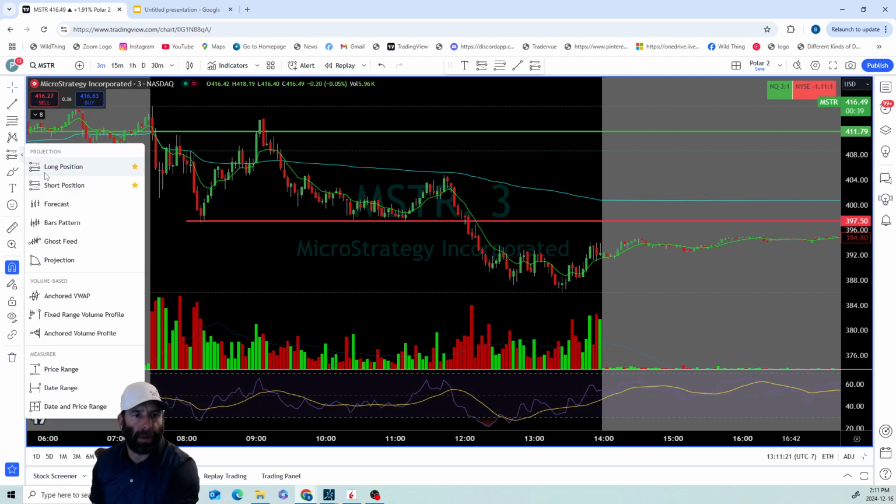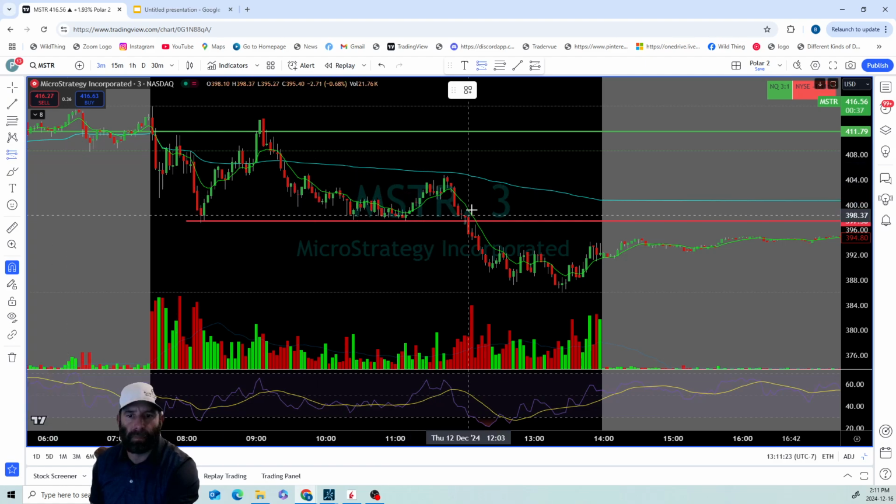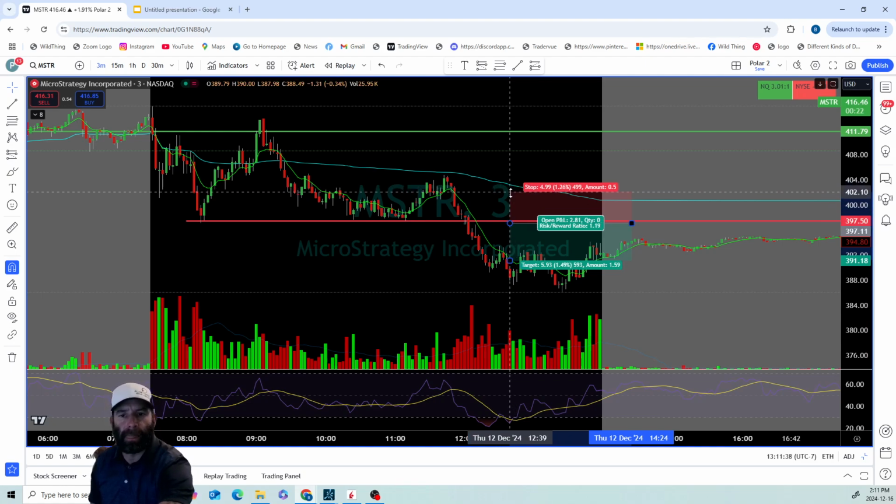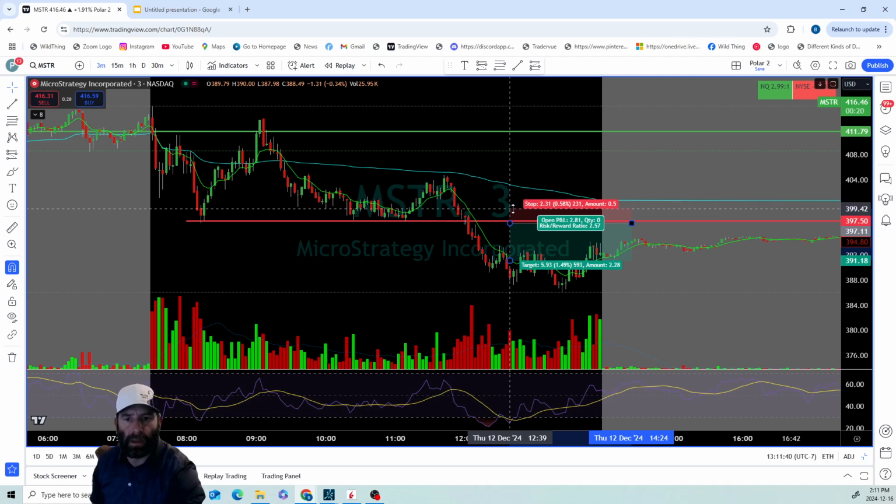So we pull up our short position tool, set it right at our entry, 397, and then we look to set our stop. If we've got a $20,000 account, how many shares are we going to take? Well, first we set our stop.